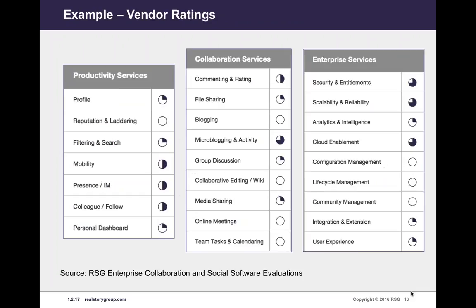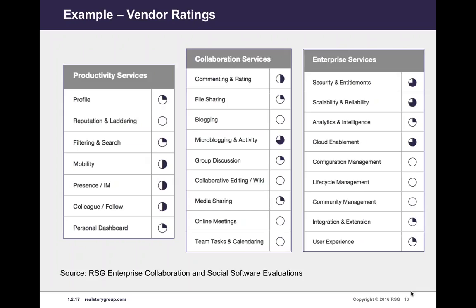So next, so far some of the things may have been abstract, so I want to tie all of this together with an example. At this point in time, I'm going to use an example from our evaluations research. I'm just going to use one vendor as an example. For all of you out there, can you guess which vendor this is?